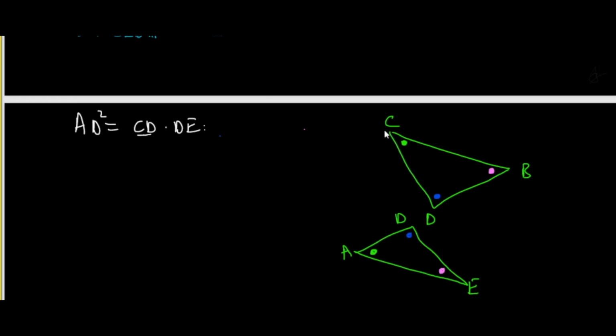So I need to move from C to D. So I moved from the green angle, which will be CD, over, I moved from green to blue. Even in this other triangle, I need to move from green to blue. So this will give me AD. So this will be over AD. Then it's equal to, I need DE on my proportionality. From D to E, it's blue to pink. So I'm going to say this is, look at this, guys, please.